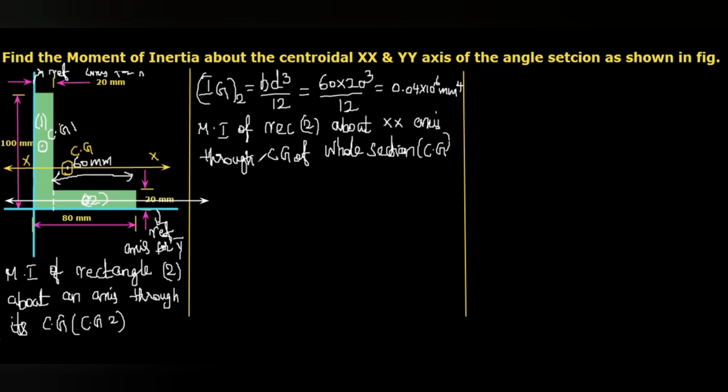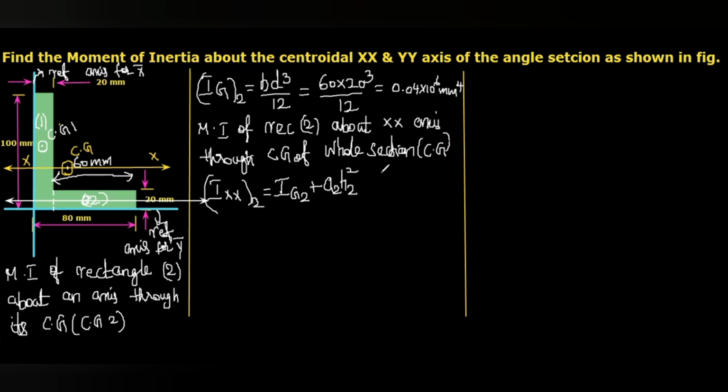So here, this moment of inertia, I'm going to mention as Ixx of rectangle 2, that is Ixx2 equal to Ig2 plus A2 H2 square.